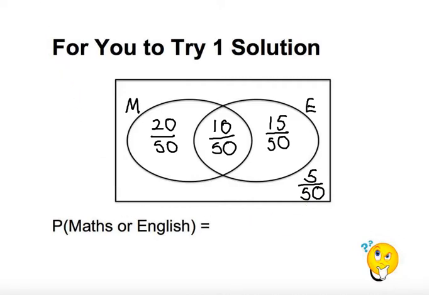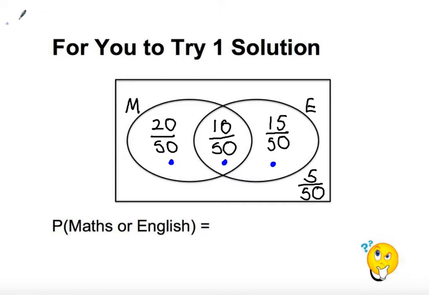So the probability that they study maths or English, in this question it's important to note it doesn't exclude both, so that means we could be talking about the students in this segment, the maths students alone, the maths and English students, and the students who just study English.